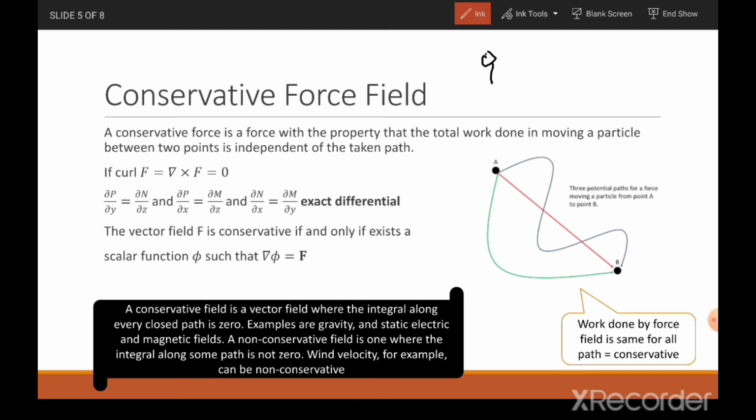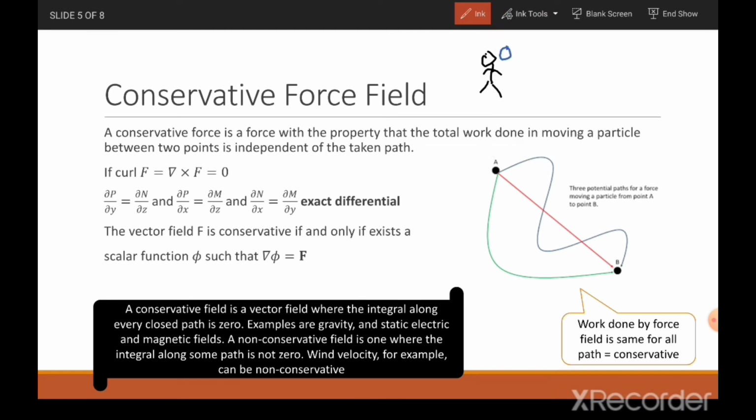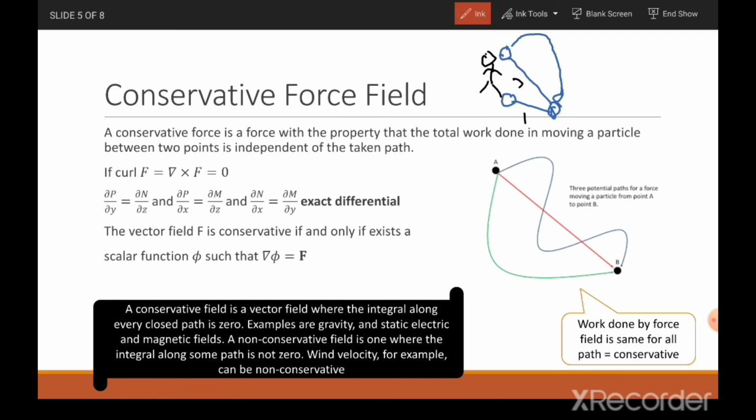For example, this guy wants to throw a ball. It goes directly this way, or this way, or he just kicks the ball. Finally it goes to the same point, so we call it a conservative force field.